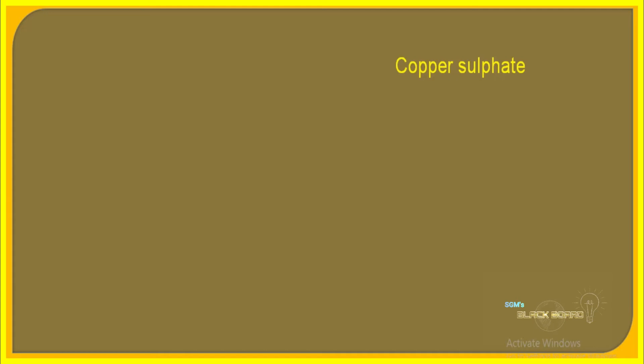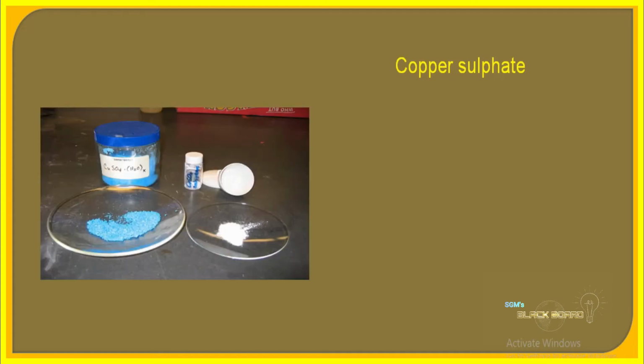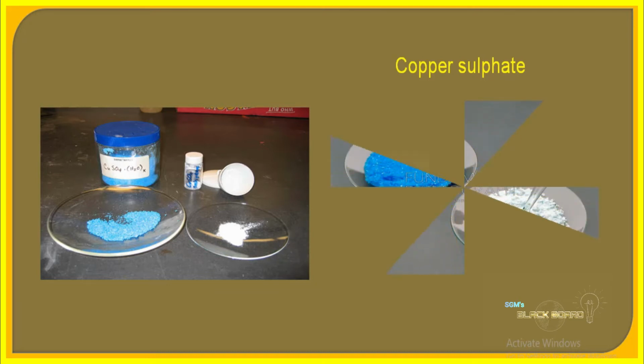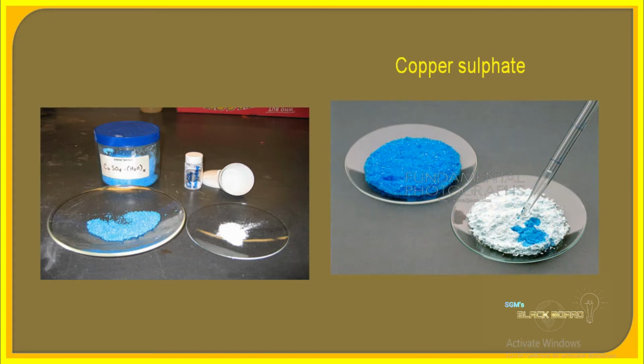One more example that we have discussed is copper sulfate. We know copper sulfate is blue in color. When it is heated, it turns white. When water is added to that, it regains its original color, that is blue.